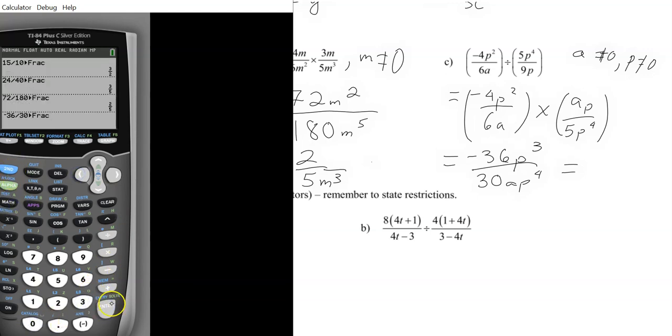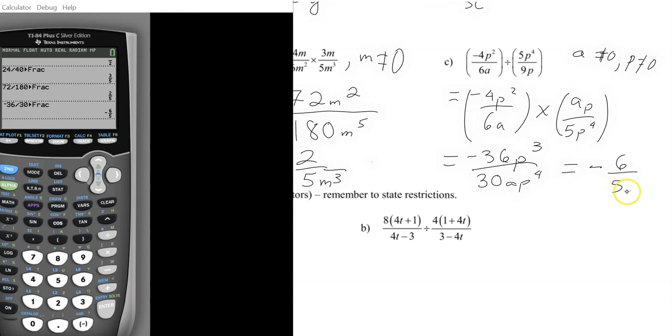Enter, enter. And we get negative 6/5. You can put the negative out front. I kind of like them out front. Negative 6/5. There's an a in the bottom, and there's a p in the bottom. So the a, because there's no other a, and then p to the 4th is bigger than p cubed by 1, so negative 6 over 5ap.